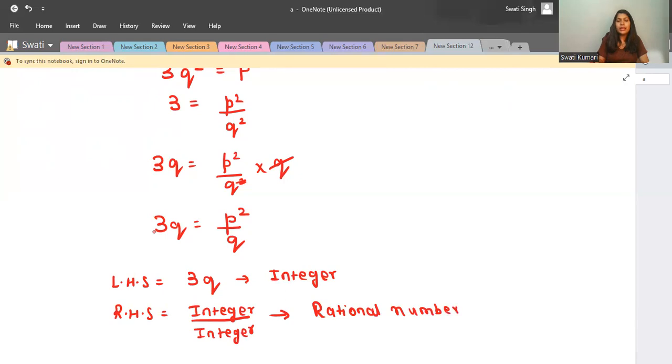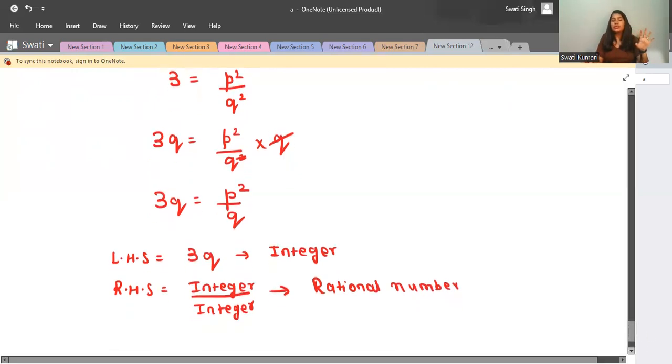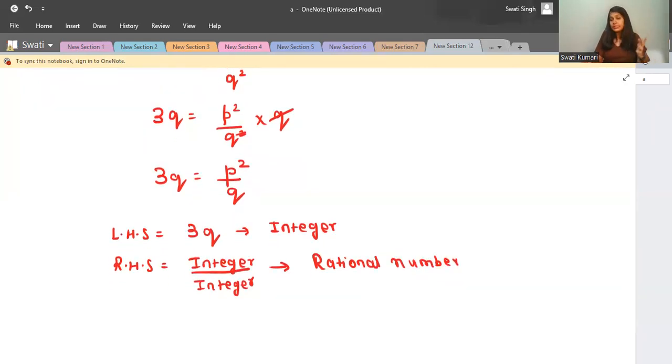So we know that not all rational numbers are integers. We can say the vice versa: all integers are rational numbers, but that all rational numbers are integers, we cannot say. For example, I cannot say that 2 upon 3 is an integer, but 2 upon 3 is a rational number.